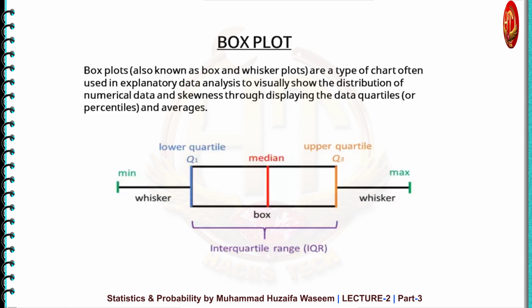What is a box plot? A box plot, also known as a box and whisker plot, is a type of chart often used in exploratory data analysis to visually show the distribution of numerical data and skewness by displaying the data quartiles or percentiles and average.